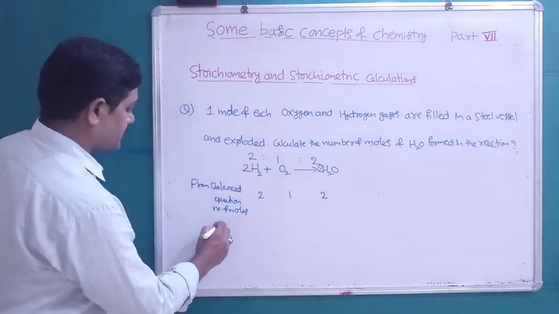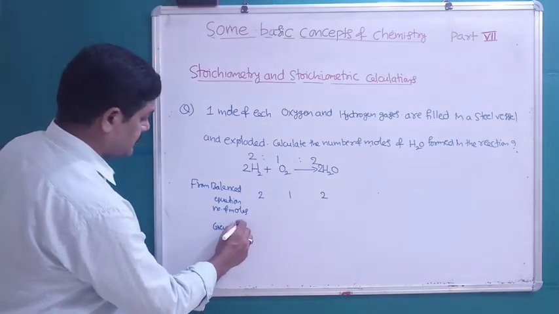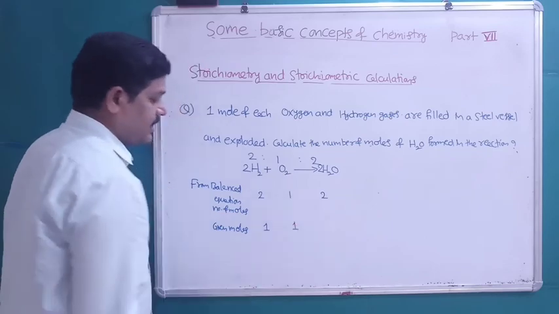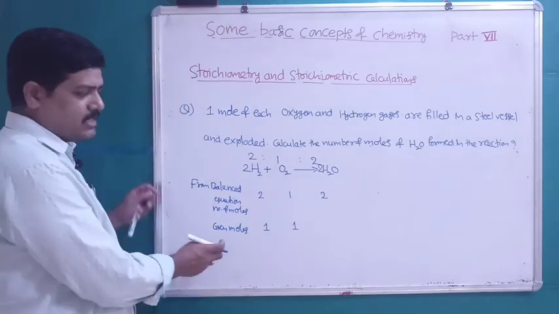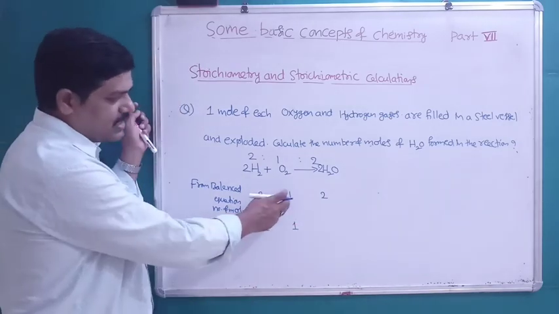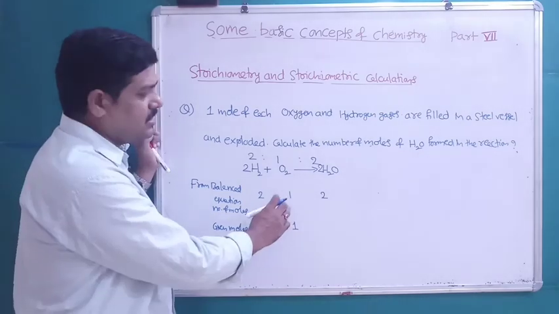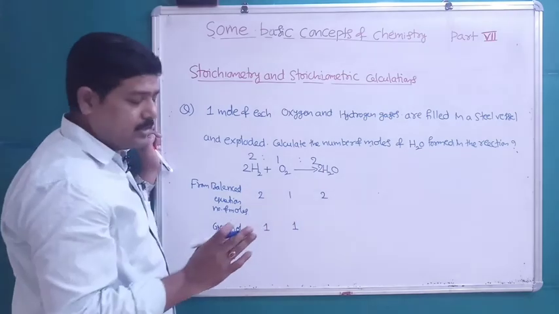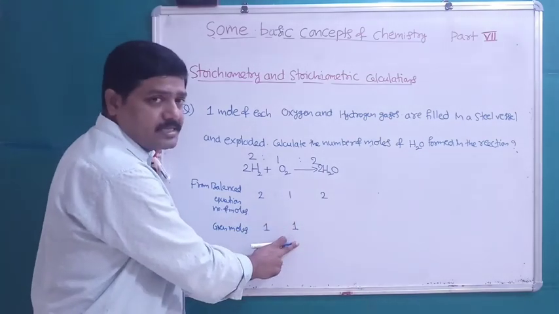Given moles, 1 mole of each is given. First we need to decide which is the limiting reagent. Based on the limiting reagent we can calculate the amount of product formed, right? 1 mole is given.